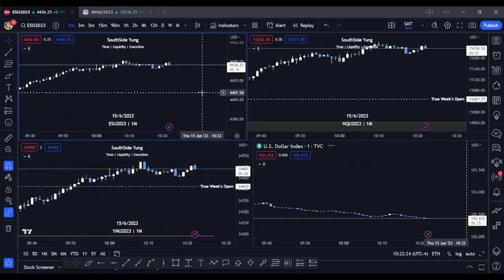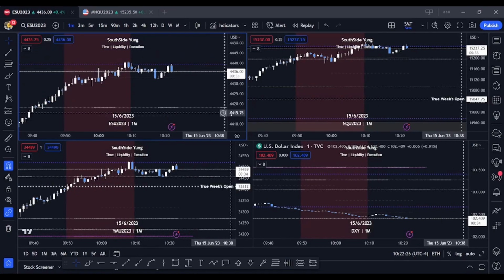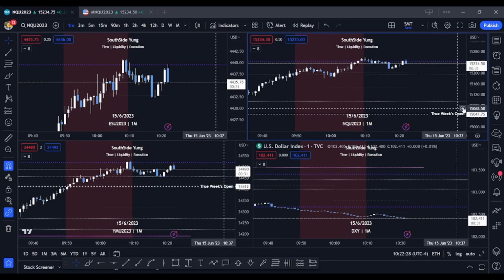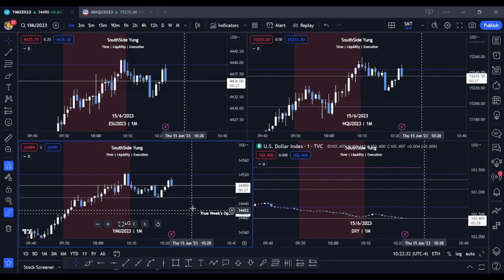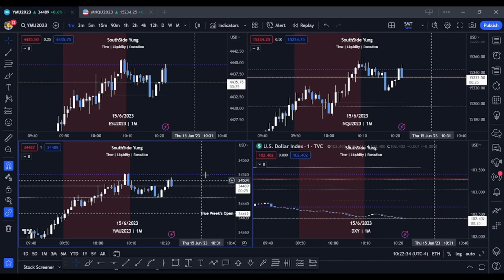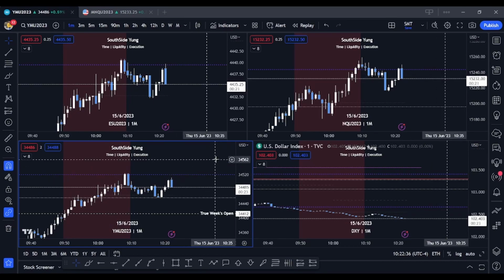Okay, now if we can get some SMT at the highs here, maybe. Not looking like it though. Yeah, everything is just failure swinging here.